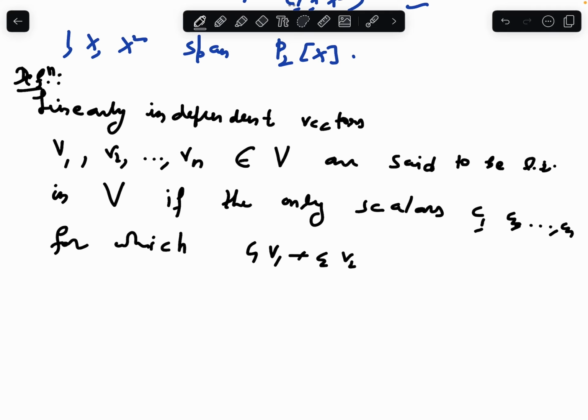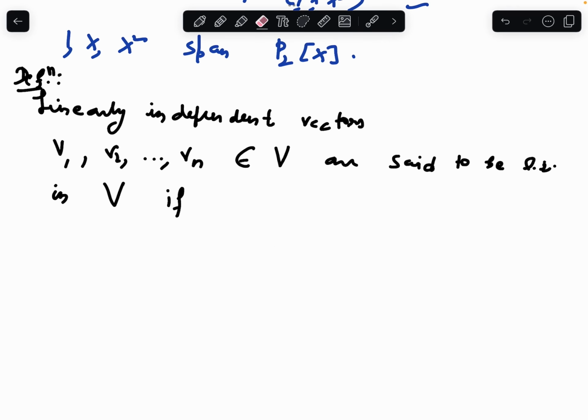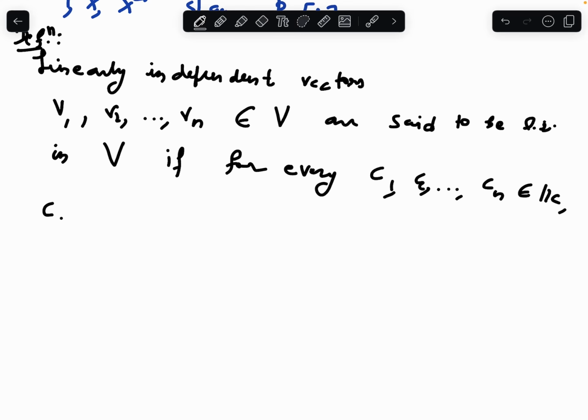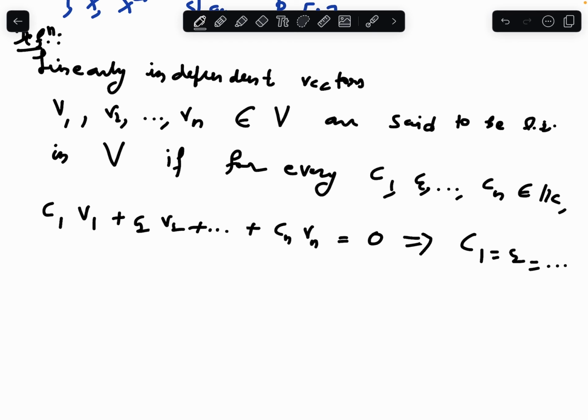Or let me rephrase it differently. V1, V2, up to Vn are linearly independent in V if for every scalar C1, C2, up to Cn, C1 V1 plus C2 V2 plus up to Cn Vn equal to 0 implies that C1 equal to C2 equal to Cn equal to 0, right?